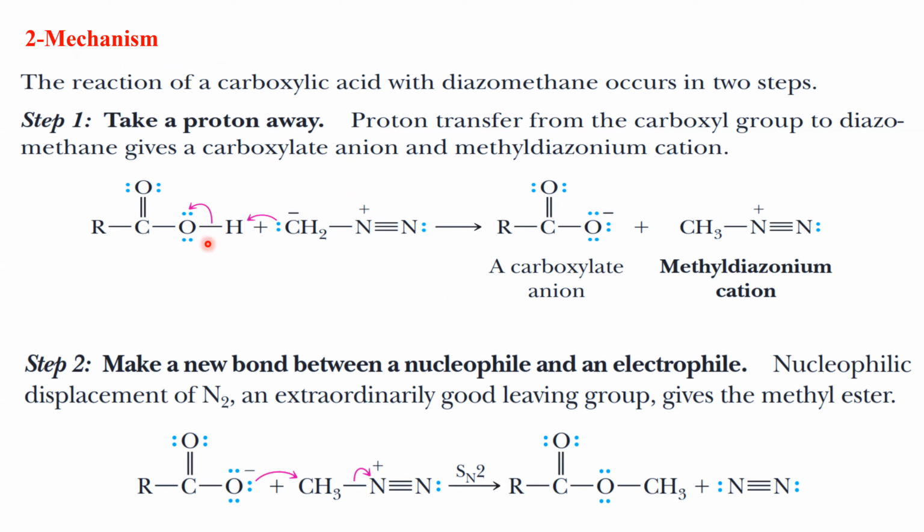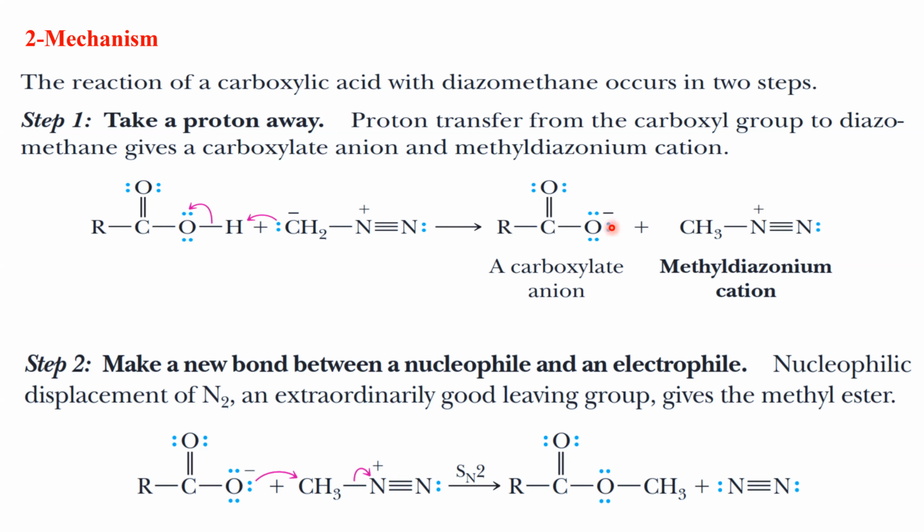This negative will behave as a nucleophile and abstract the proton from the acid, this bond will weaken, and the electron will shift to the oxygen. So a carboxylate anion will be formed, the O negative, and there is the methyl diazonium cation, the positive one.